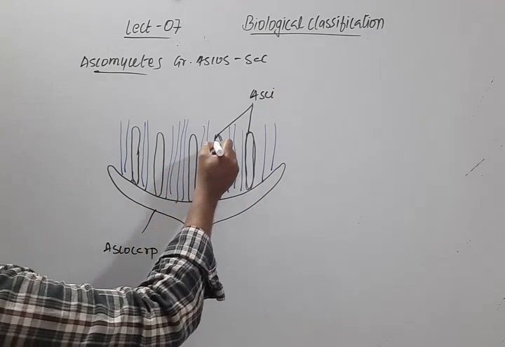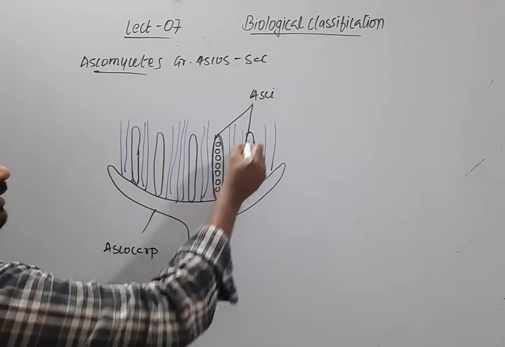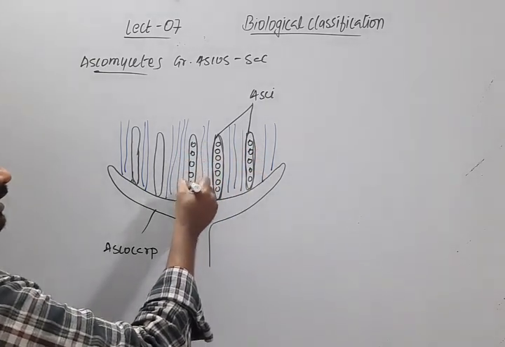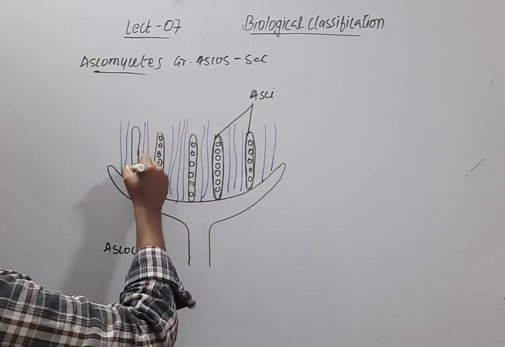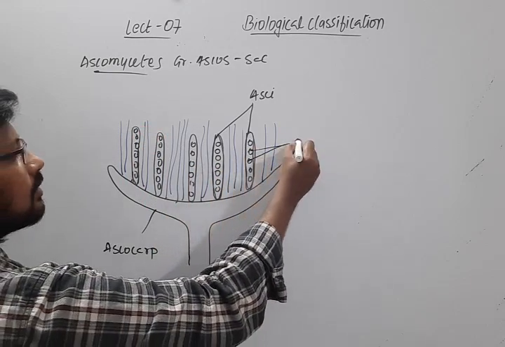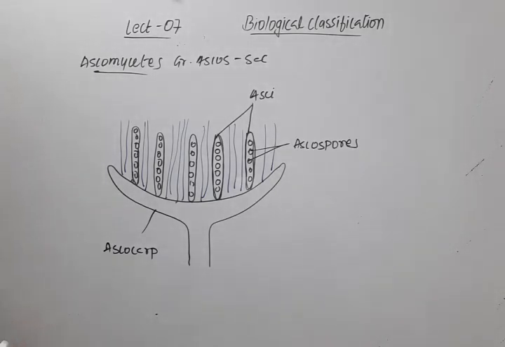Inside this you find the spore development. You can see the spores form inside, and these are called ascospores. This is how the ascocarp looks.